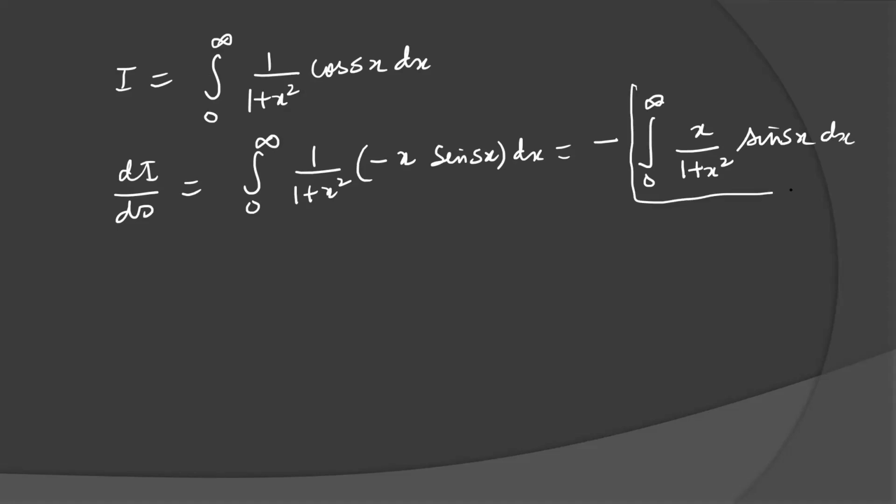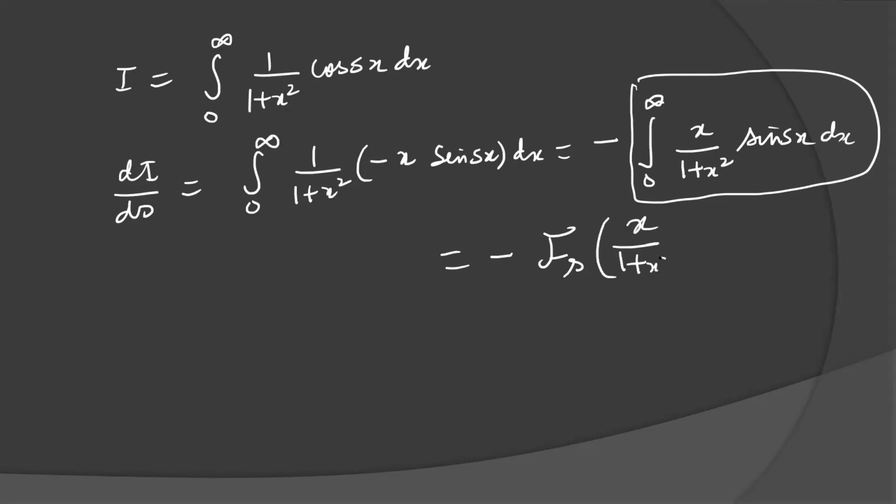Can you tell me what this statement is? This is nothing else but the Fourier sine transformation of x over 1 plus x square, that is equal to dI/ds. And I told you this value is minus pi by 2 e to the power minus s.